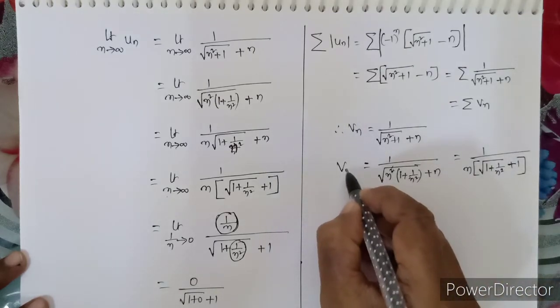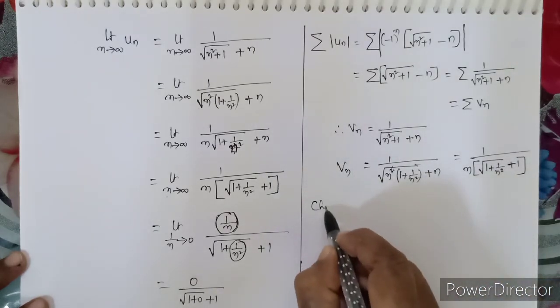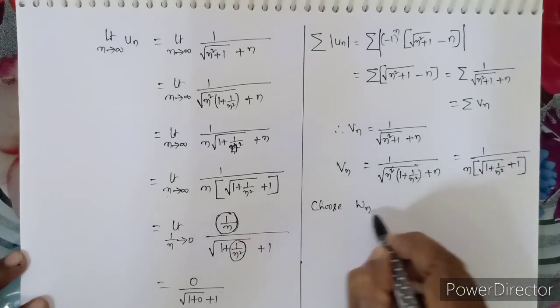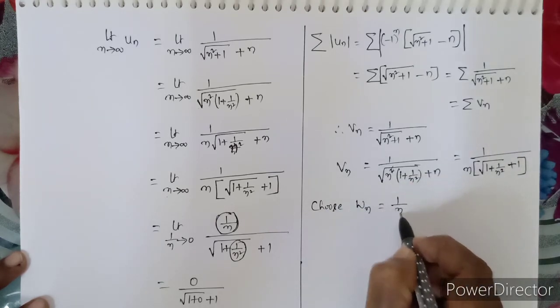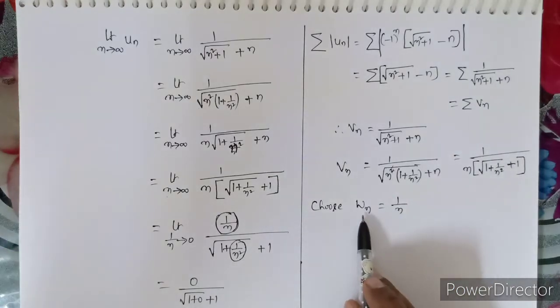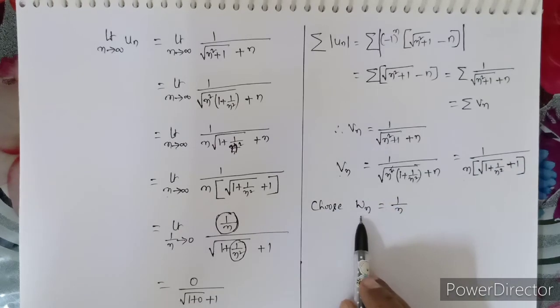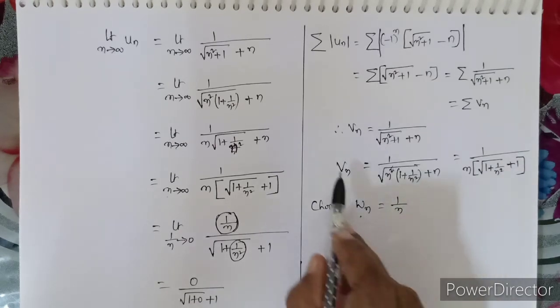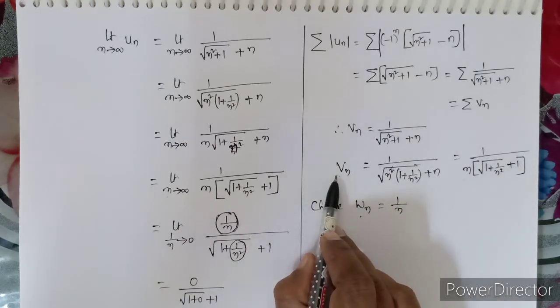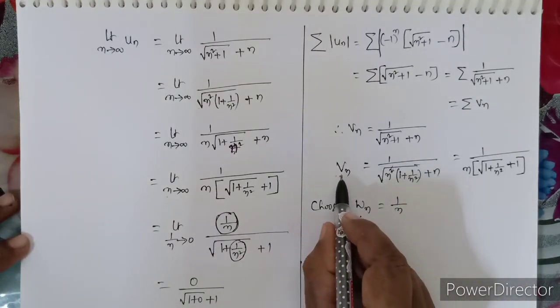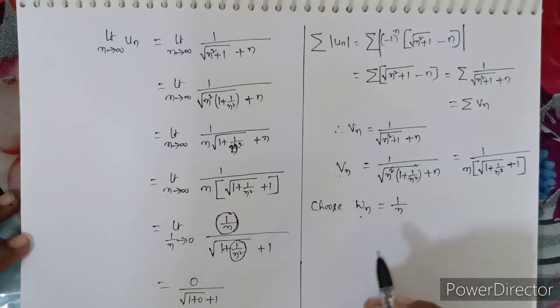This is V_n. Now we have to select another nth term. Choose W_n as 1 by n. If sigma W_n is a divergent series, then sigma V_n also diverges; if sigma W_n is convergent, sigma V_n also converges, by limit comparison test. But we have to check whether dividing V_n by W_n gives a finite quantity or not.